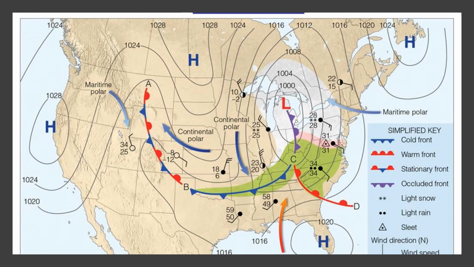As we move from west to east across the map, the fronts appear in the following order: a stationary front between point A and point B, a cold front between point B and point C, a stationary front between point C and D, and an occluded front between point C and L.